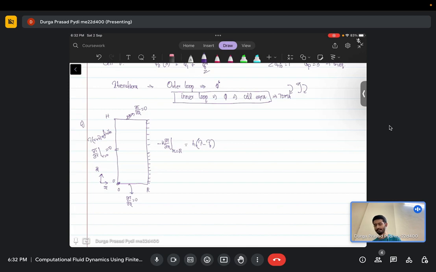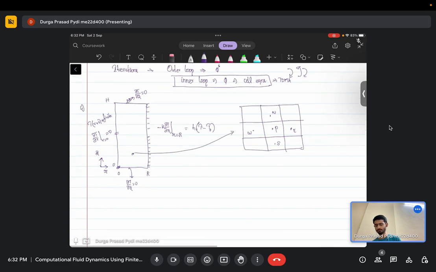If I take any interior cell, let's just take one cell. We are concentrating on each cell. This is my west face, east face, north face and south face.